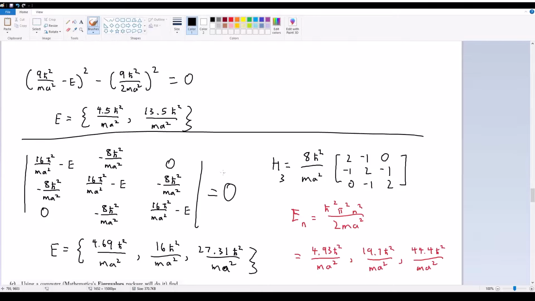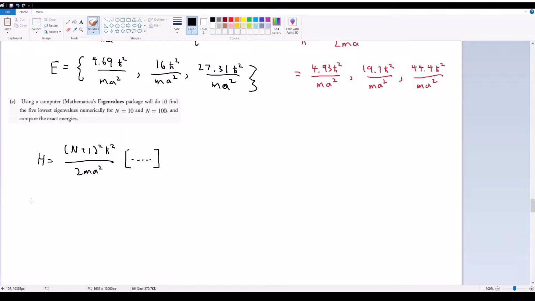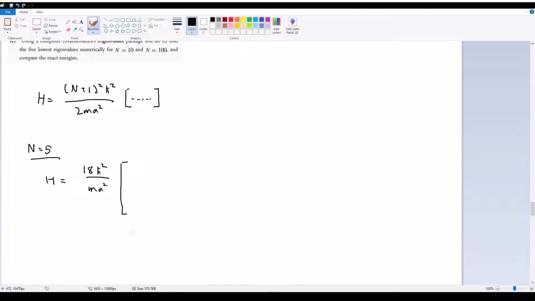So following this pattern, you would expect that for n equals 5, the H matrix would equal, for 5, that's 36 divided by 2, that's 18, so 18 h bar squared over ma squared, times a 5 by 5 matrix with the diagonals all as 2s, and all the adjacents as -1, and all the other terms being 0.